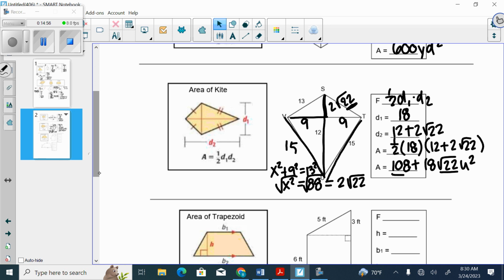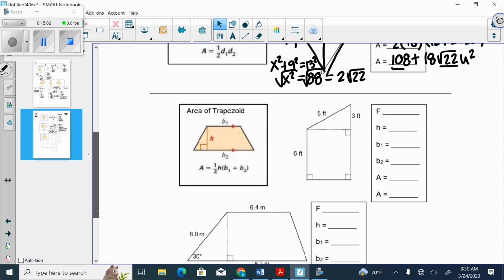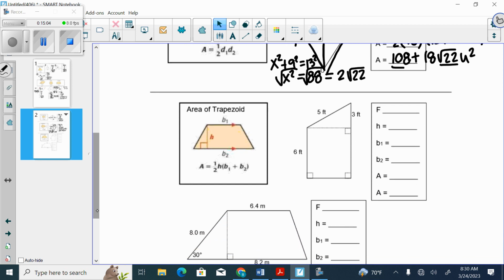Okay. All right, so let's look at our last section for trapezoids. Our formula for the area of a trapezoid, remember, is 1/2 base 1 plus base 2 times the height.